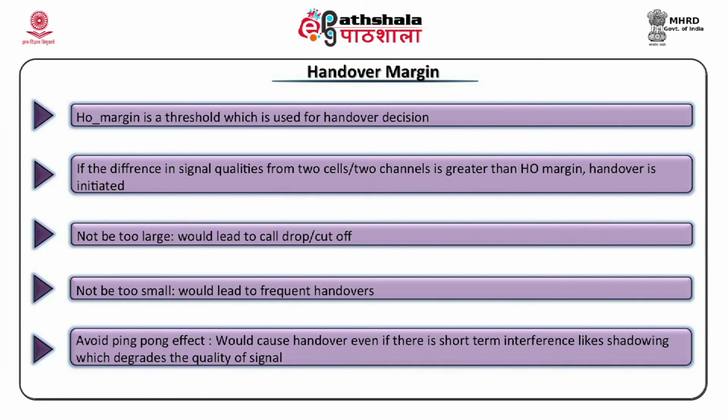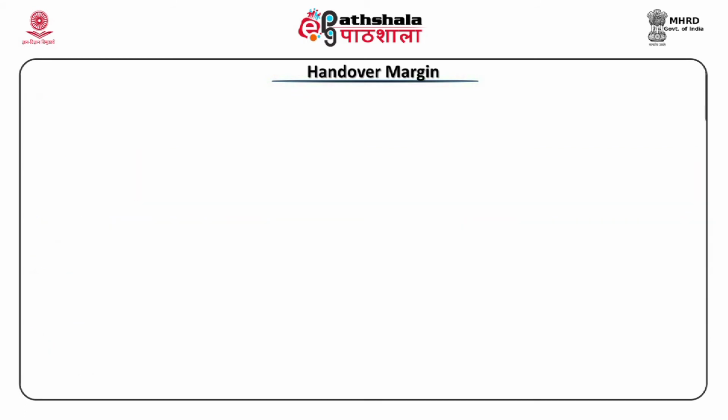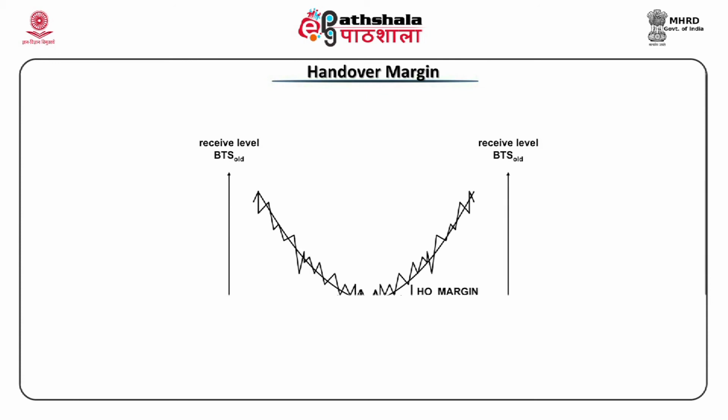So, even if there is a small signal quality degradation due to a shadowing effect or due to interference, it will measure the quality, say that the quality is degraded, and instigate a handoff. This is known as the ping pong effect. So, care should be taken to set this HO margin. What are the two thumb rules?